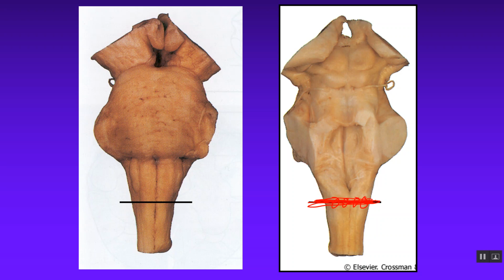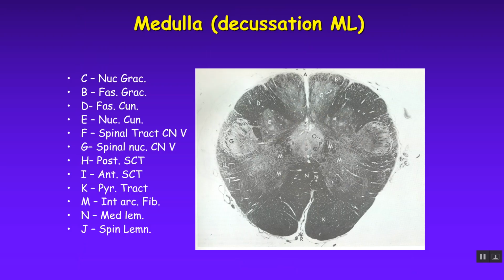This is where the crossing over from the medial lemniscus is going to take place. So that's why it's called the decussation of the medial lemniscus, or the lemniscal decussation. We were at the pyramidal decussation in the lower medulla for the motor tracts. Now we're at the lemniscal decussation, or crossing point, for the conscious proprioceptive fibers, kind of in the middle of the medulla. So that's what this cross section is about.